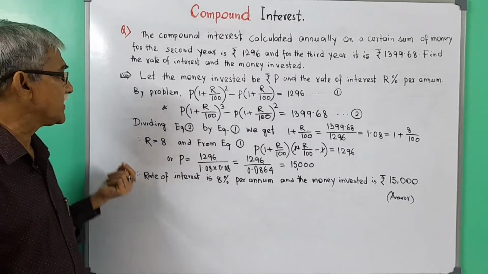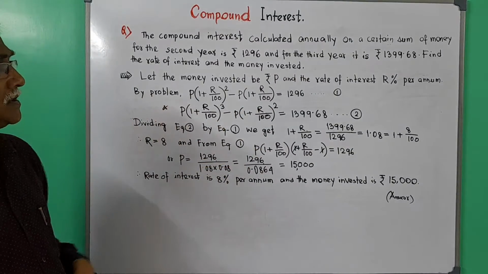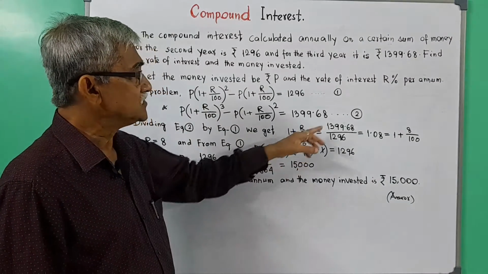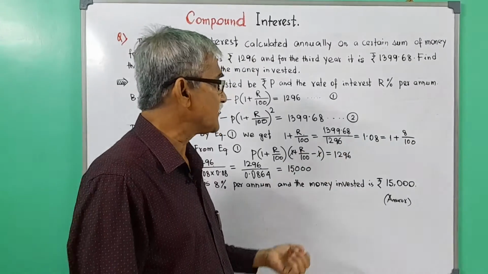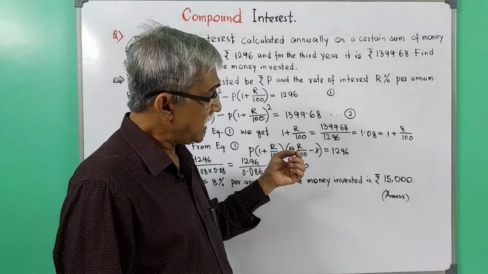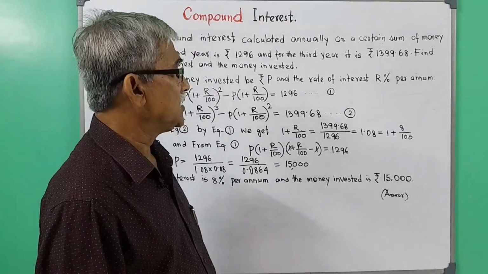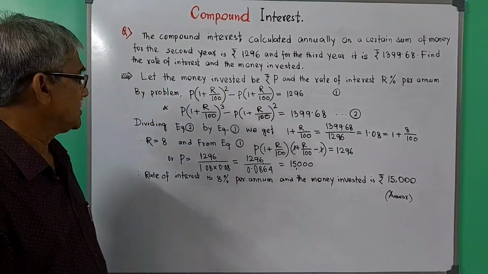Now what we are doing is dividing equation number 2 by equation number 1. And this way you get 1 plus R upon 100 equals 1399.68 by 1296. If you just simply divide it, it becomes 1.08, or this way you can write 1 plus 8 upon 100.